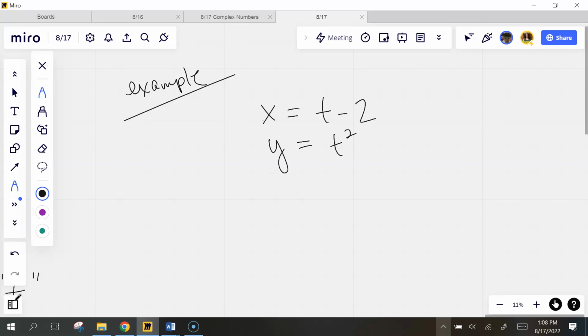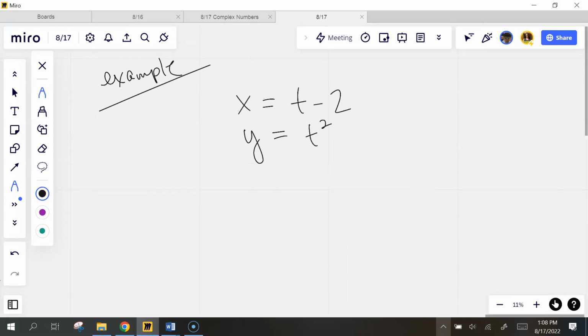This is a parametric function. I've defined it with both x and y, but I have restricted x and y with another variable t. Okay? So this is what it'll look like. You'll have two equations, one for x and one for y, instead of just y equals something x. Okay?